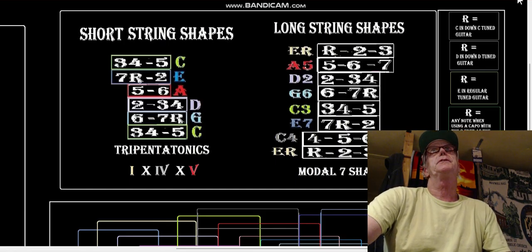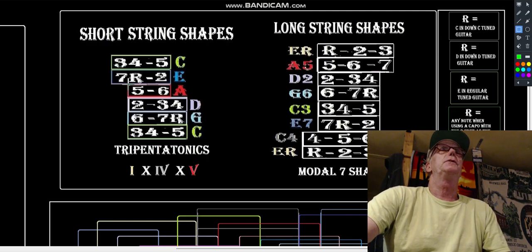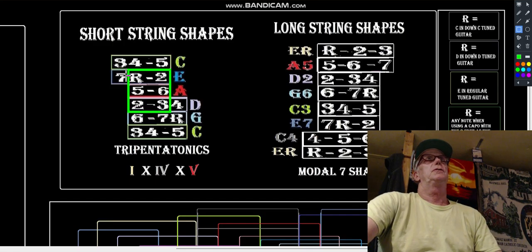Let's just digress a little bit for the fun of it. Here's your stack of 3 short here, 2, 3. Stack of 3 short right here. Sorry, leaving the 4 and the 7 off.